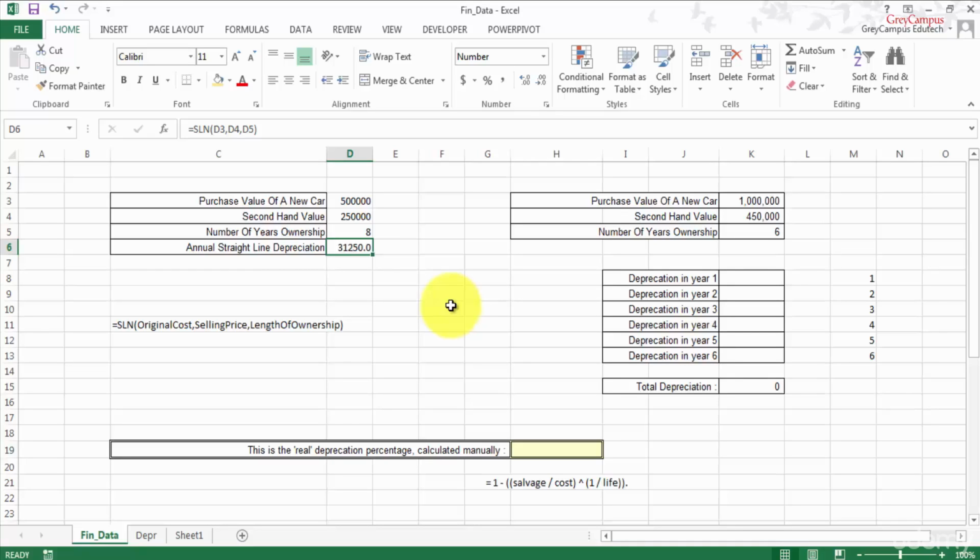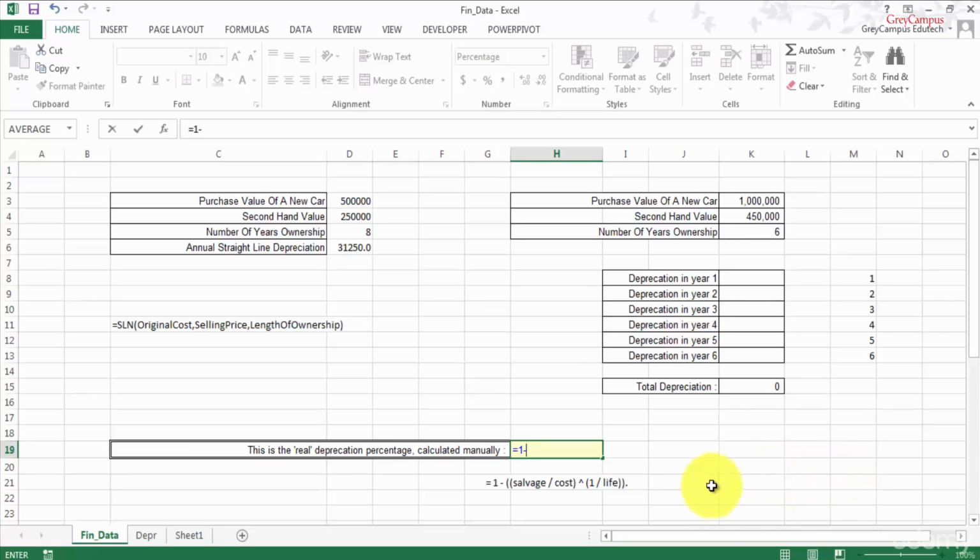Now, what is the formula that Excel is using? If you want to calculate the depreciation percentage manually, it will be like this: equal to 1 minus, then we give the salvage, so salvage is this, divided by cost, this is the cost. To the power of, how do we write?